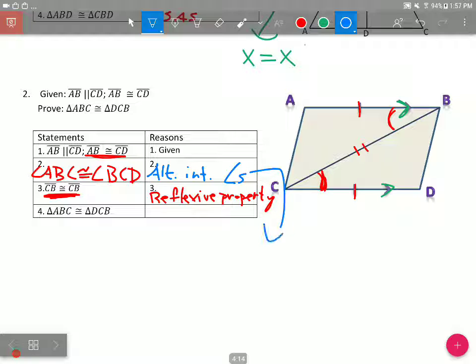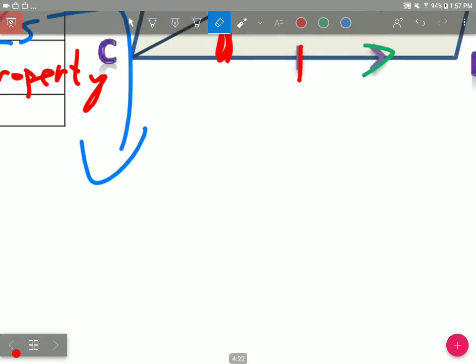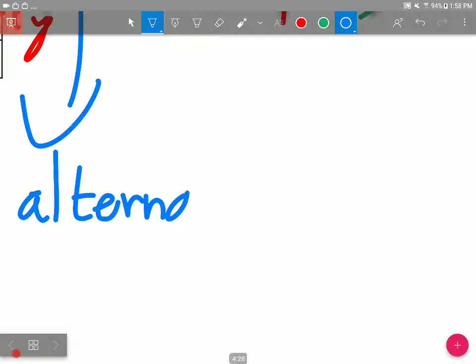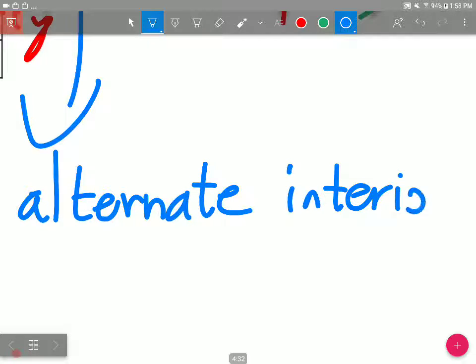That is alternate interior angles. Wow, I cannot write when it's this spaced out. I gotta blow it up. Alternate interior angles.